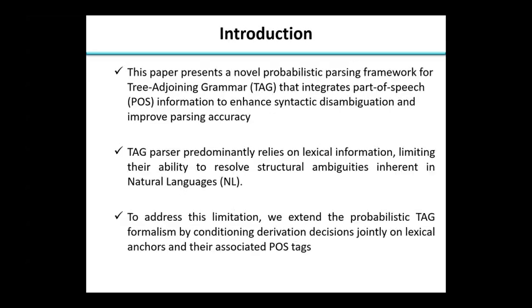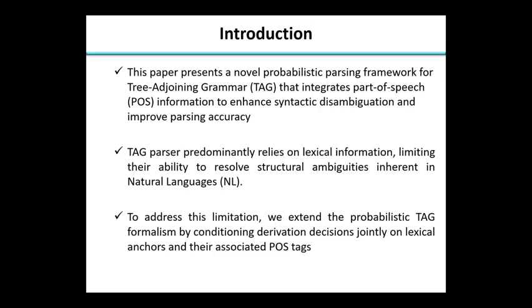So this paper presents a novel probabilistic parsing framework for Tree-Adjoining Grammar that integrates part of speech information with the lexical item during parsing. TAG parsers predominantly rely on lexical information, limiting their ability to resolve structural ambiguity.